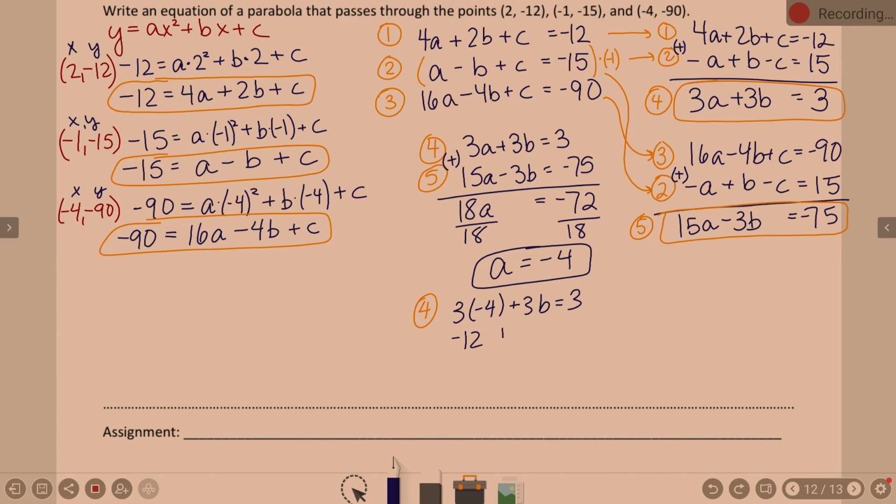Negative 12 plus 3b equals 3. Add 12. 3b is 15. Divide by 3, and b is 5.